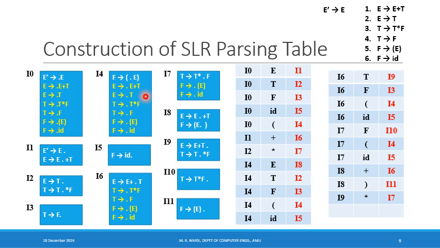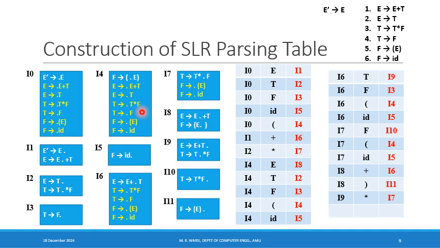From I4 state on capital T, I will go to the state which is containing the LR0 items capital E derives T dot and T derives T dot star F. And if we look at the states that we have already formed, there is already a state which is containing these LR0 items, which is I2. So from I4 on capital T, I am going to I2 state.